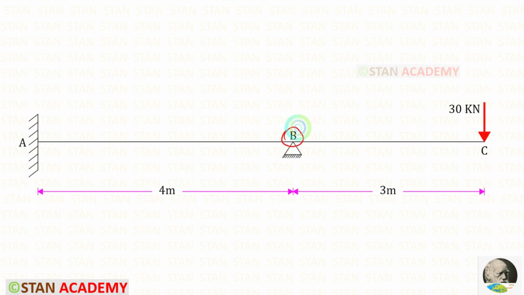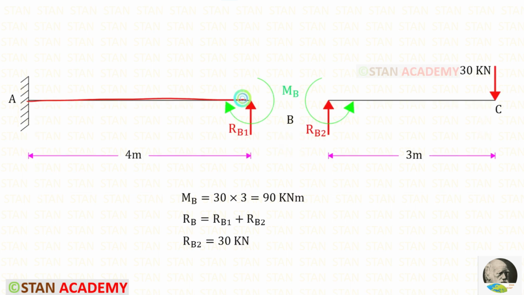From the point B, let us split the beam into two parts, AB and BC. So at point B, there will be two reactions. Let us keep this reaction as RB1 and this reaction as RB2.